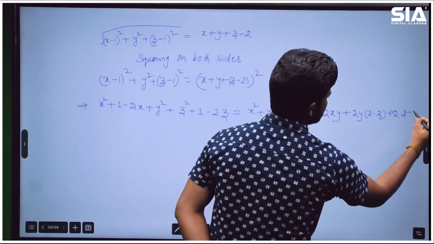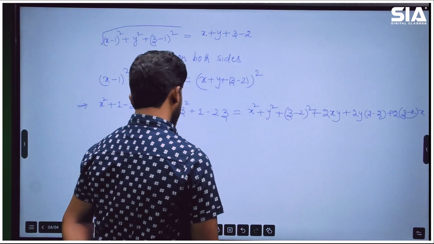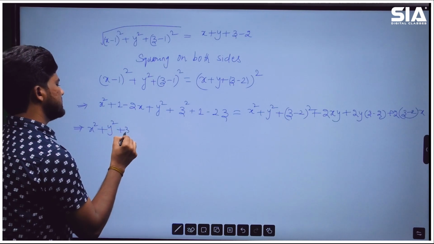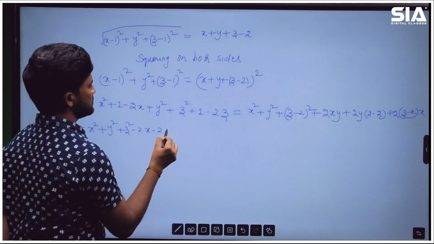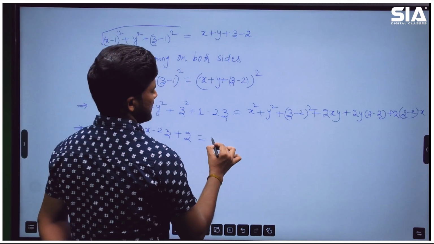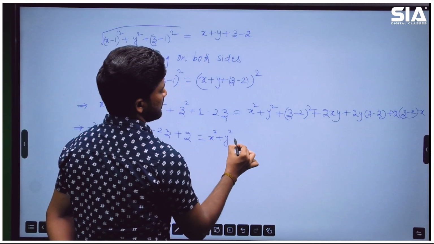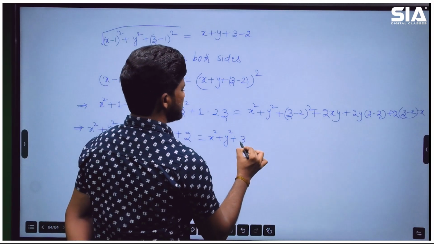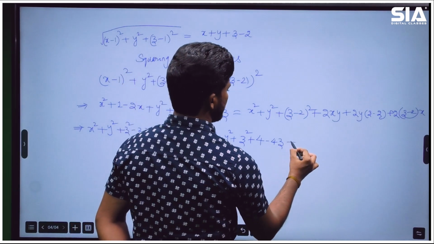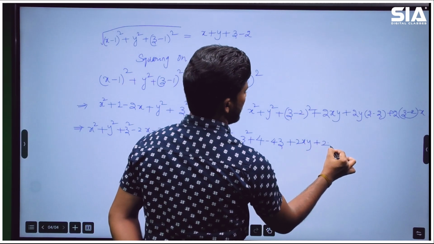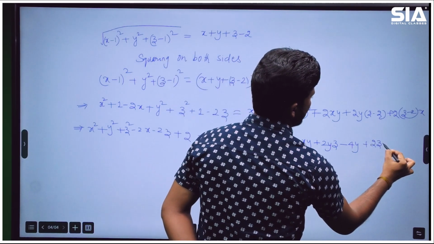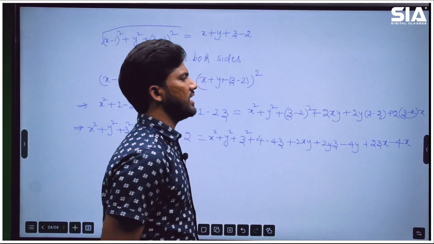In LHS, x square plus y square plus z square minus 2x minus 2z, 1 plus 1 is 2. On the RHS, x square plus y square plus z square plus 4 minus 4z, plus 2xy plus 2yz minus 4y plus 2zx minus 4x. These are the values if you multiply.